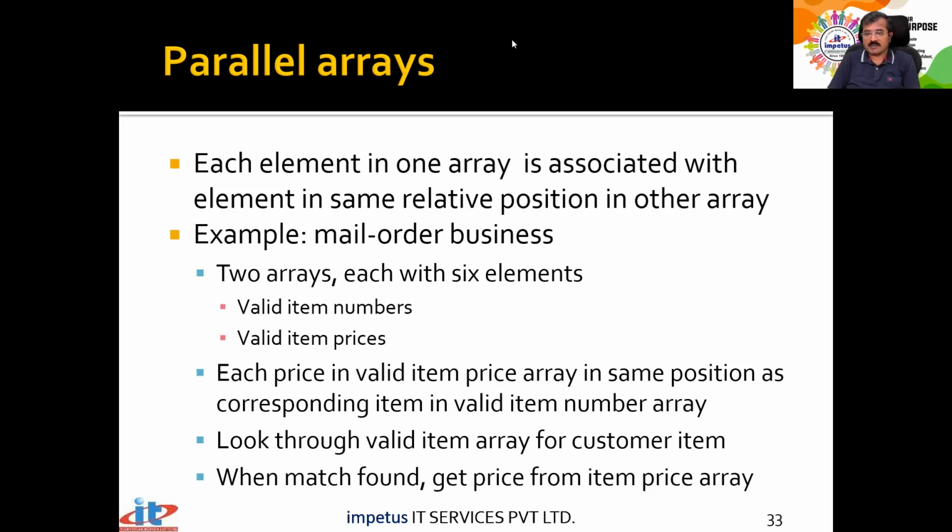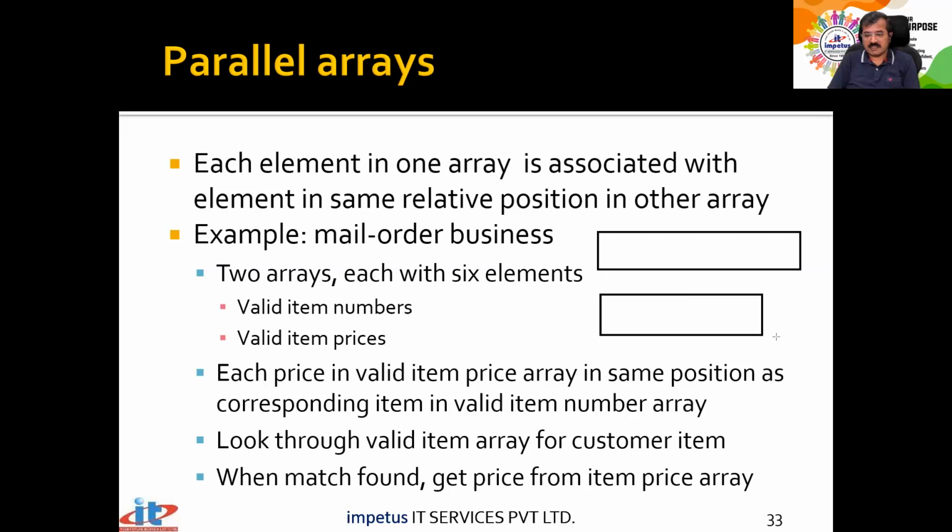Means, I'm talking something like this. There could be a scenario that you have one array. Here you go. You have this one array, and there is another array. These are two different arrays, and there are some elements in both the arrays.